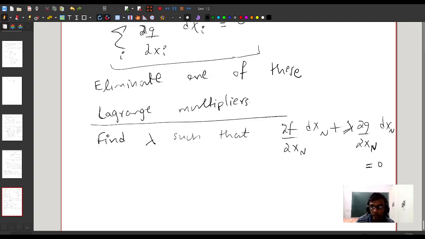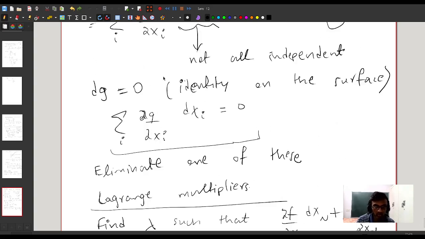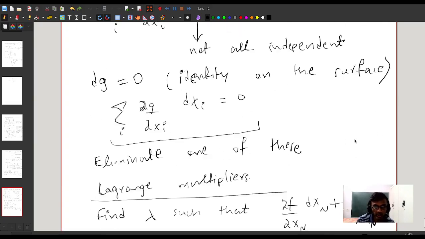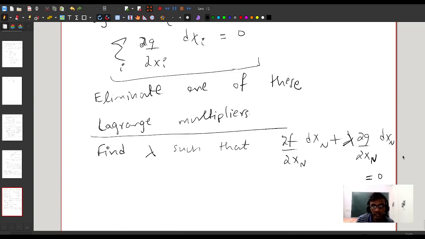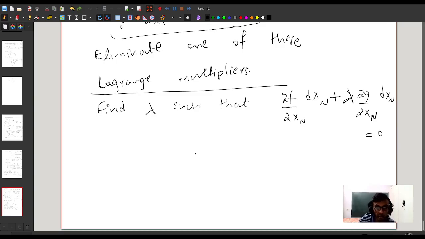If you can find one such lambda, we can add the first equation to the second equation multiplied by lambda to get rid of this variation dxn.